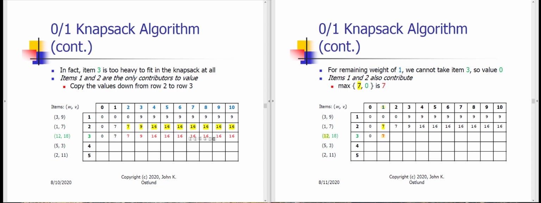Now, in this situation where you see a row whose maximum value entries are identical to the row above, that means that that item can't be used. And in this case, we clearly understand why. It can't be used because it's got a weight of 12, and our knapsack can only hold up to a weight of 10. So let's move on now to item 4.